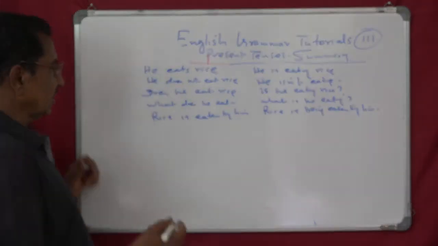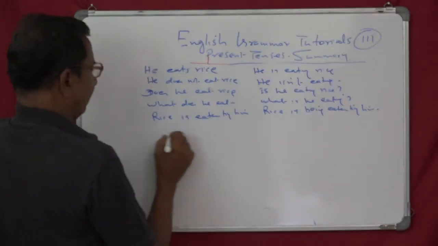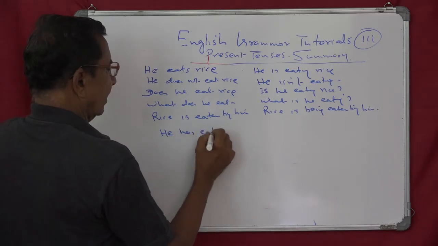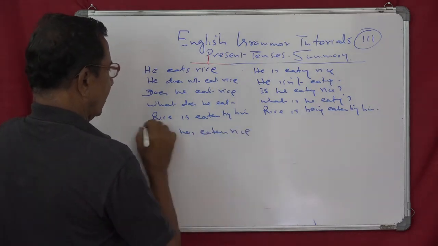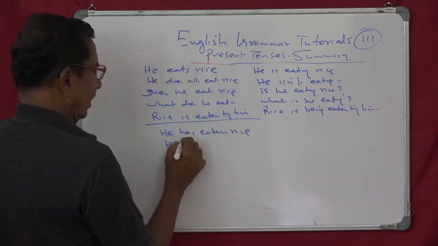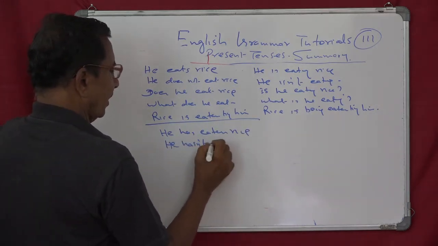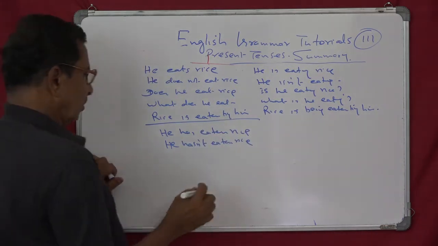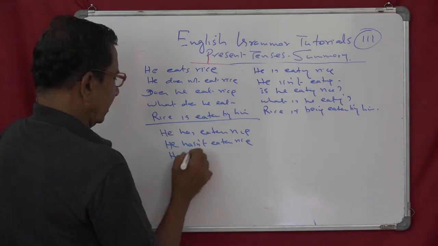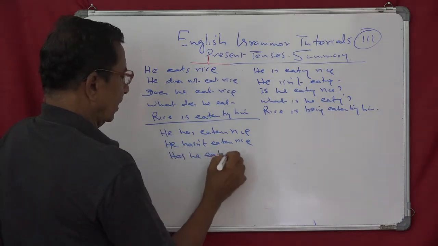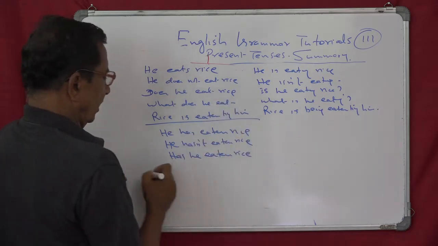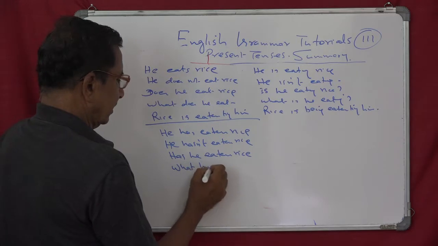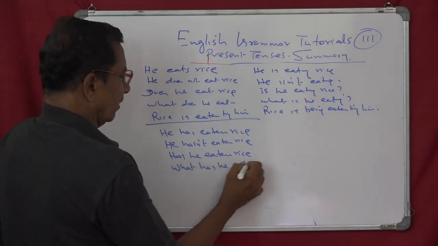And then next we have he has eaten rice. Okay? Negative, he hasn't eaten rice. And question, yes or no, has he eaten rice? And WH, what has he eaten?